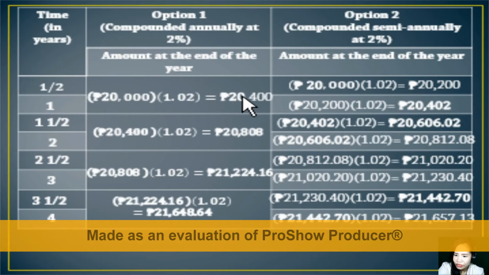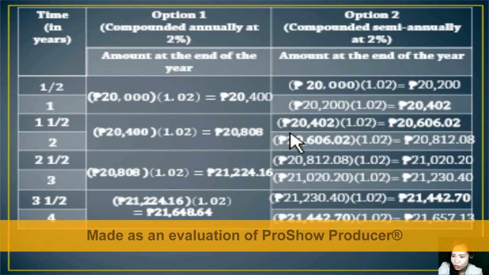So as you observe, the earning from option 1 to option 2 now differs. It is 20,400 for option 1 within 1 year, but in option 2, it increases to 20,402. Same as usual, in 1 year and a half, you will base it on the earning that you have in the first year, 20,400 times 1.02, that is 20,808.